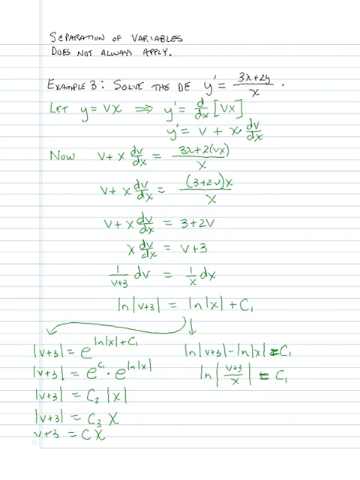Now, from here, we would say that the absolute value of v plus 3 over x is equal to e to the power c sub 1. But of course, that's just some constant. And so then we would have the absolute value as being some constant.